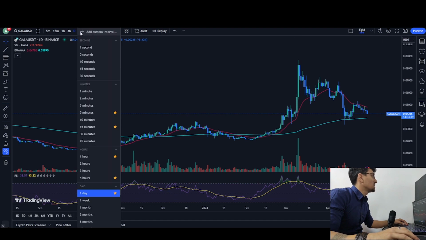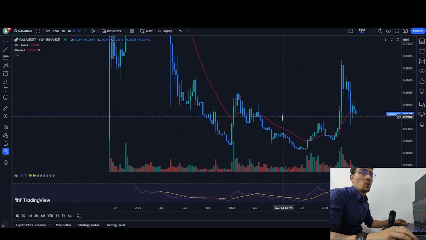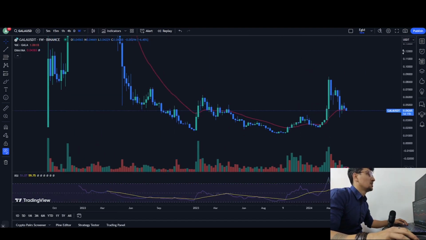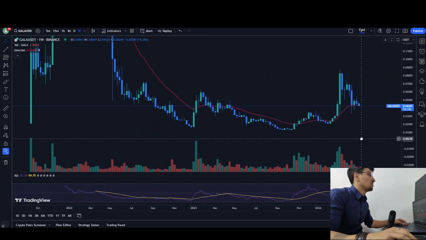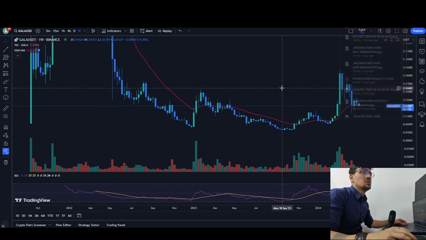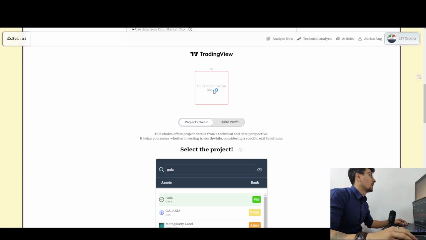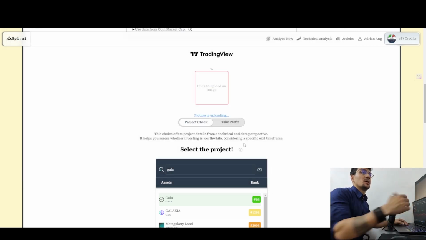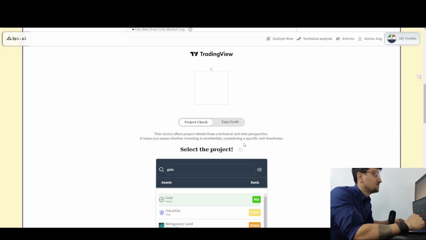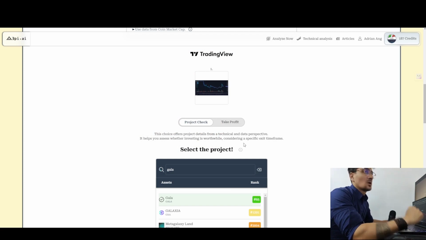Let's see, weekly time frame, why not? I think that's good. Let's download the image. Upload, open, and let's see what we have right now. Good, it is there.